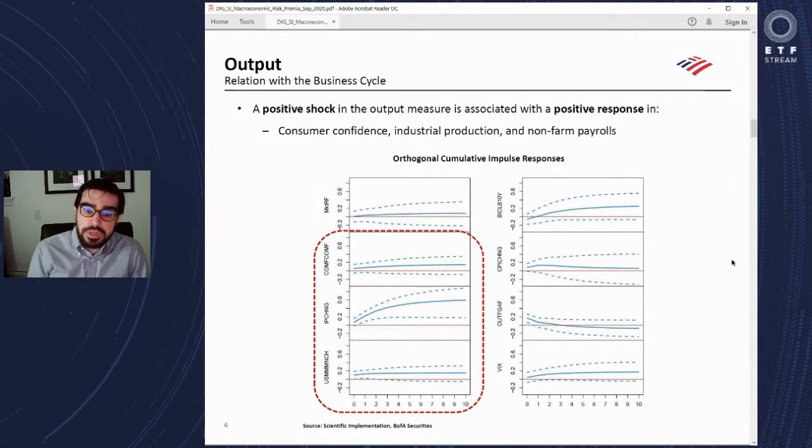And the way we interpret those results is that this is an additional sanity check that the measure that we have constructed does actually have the intended properties. So it's pro-cyclical and it's related with the output aspect of the business cycle.